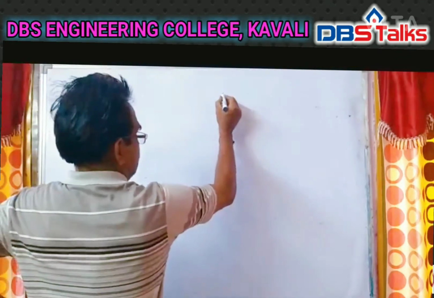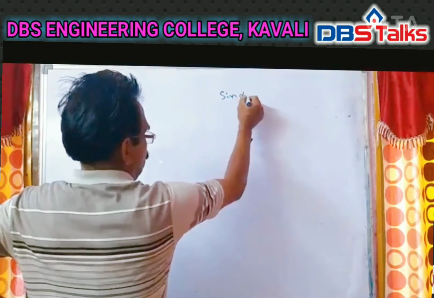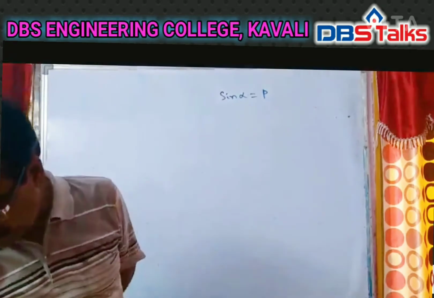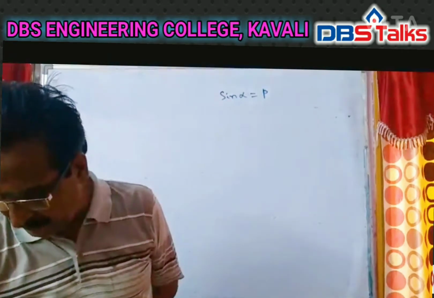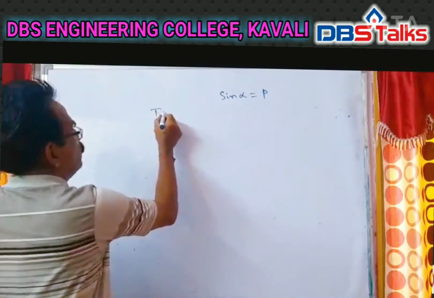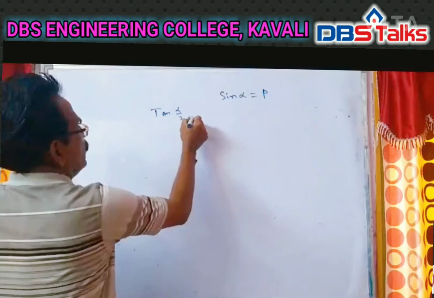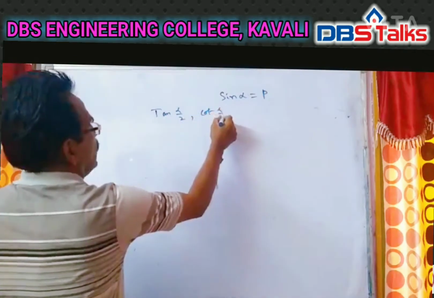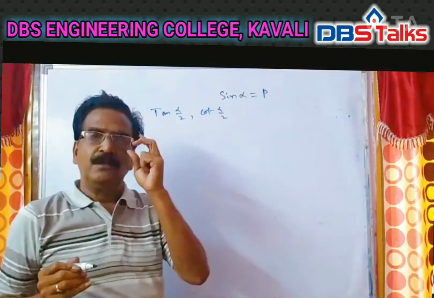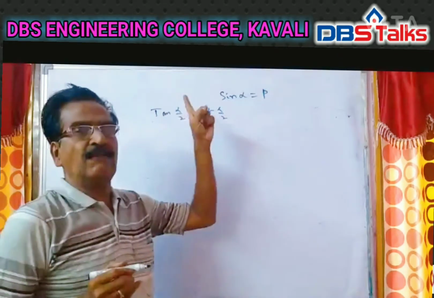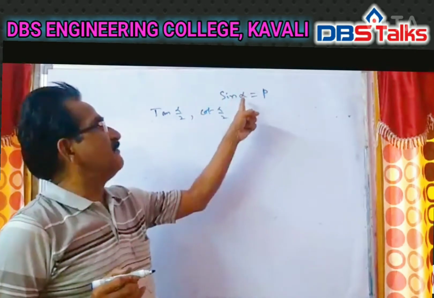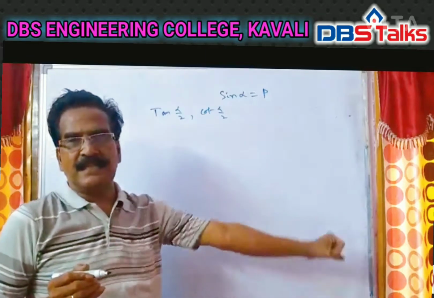Given that sin alpha is equal to P, what is the quadratic equation whose roots are tan alpha by 2 and cot alpha by 2? We want the quadratic equation whose roots are tan alpha by 2 and cot alpha by 2. What is the given thing? Sin alpha value is given.